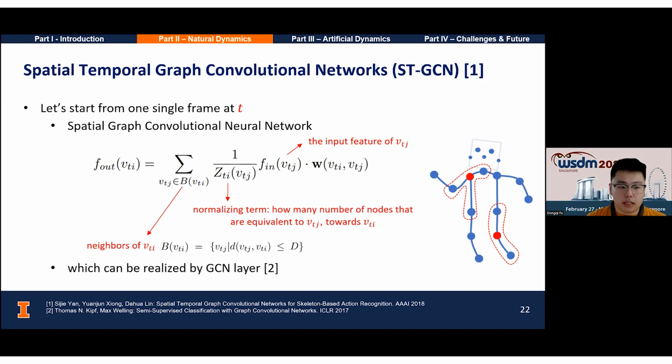The term Z_ti(v_tj) is the normalizing term, which reflects the number of nodes that are equivalent to the node v_tj with respect to the central node v_ti. Since all the observations above are executed in one single time t, they can be realized by the GCN, or graph convolutional neural network, as the backbone model.